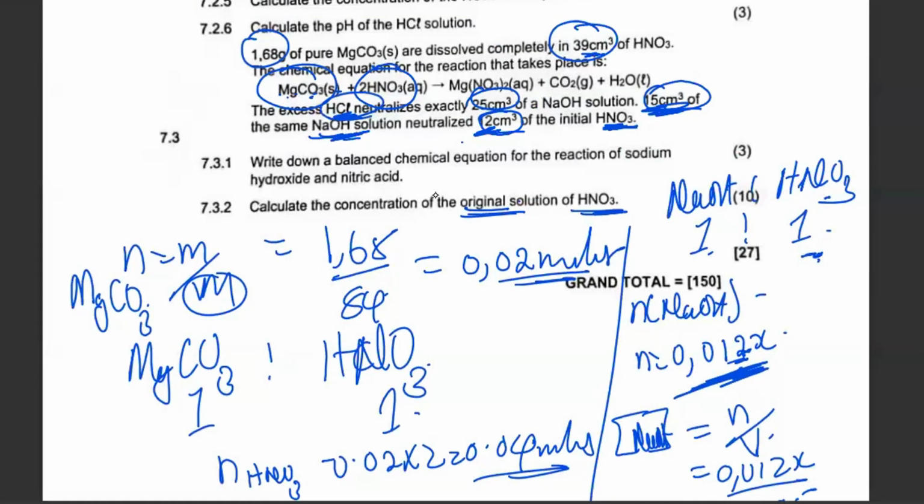I'm used to nitric acid. That was a mistake. Therefore the number of moles of nitric acid in excess is going to be equal to 0.02x.